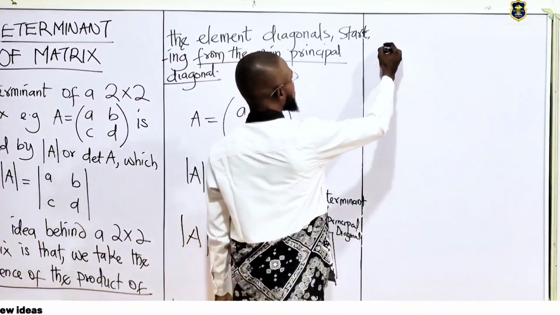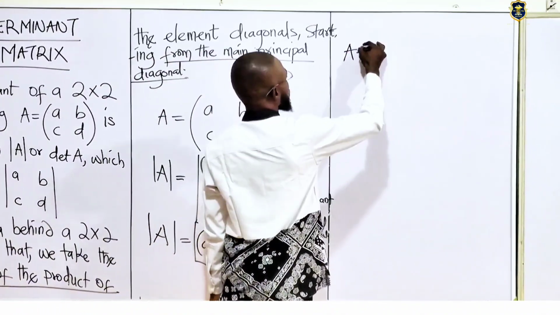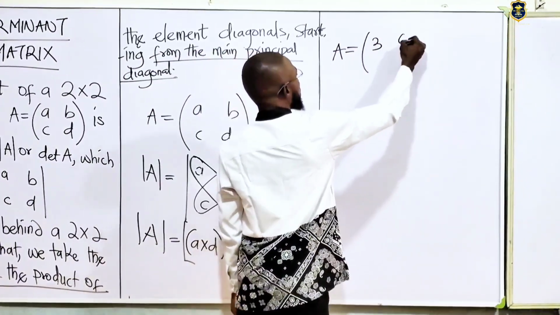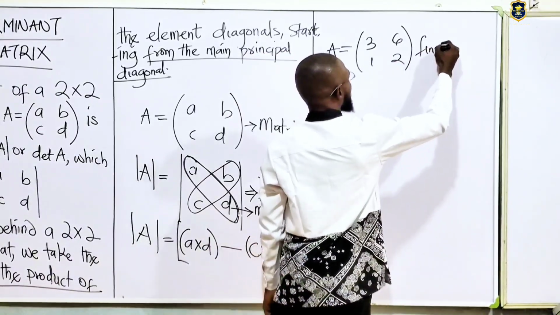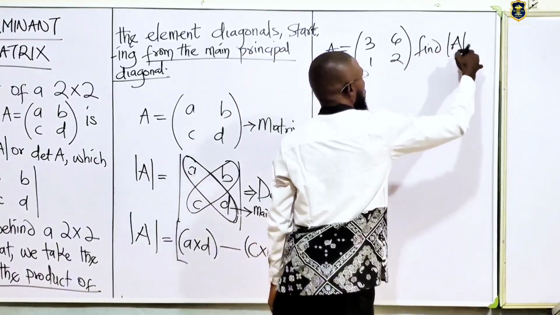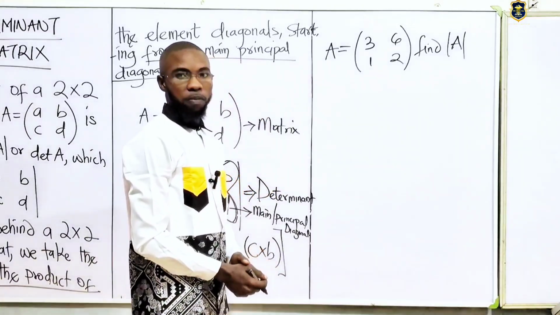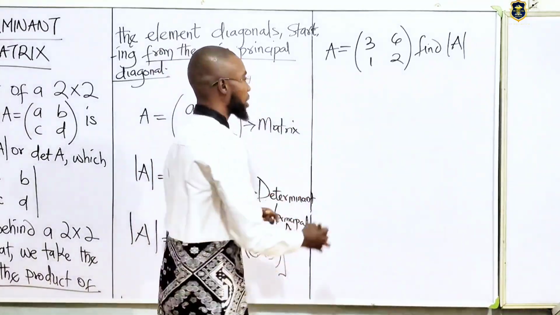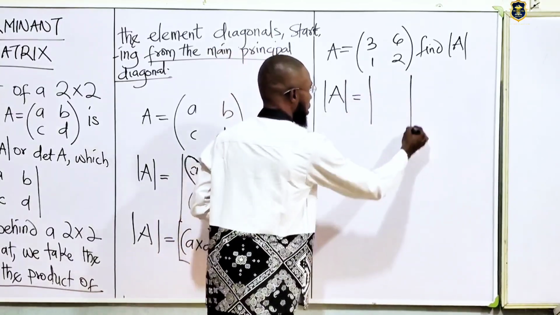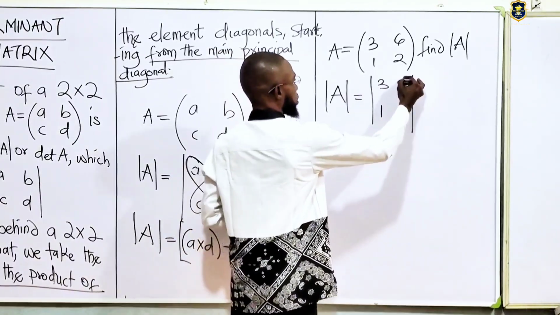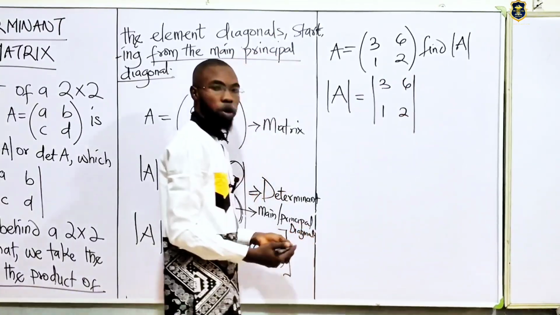For example, if matrix A is 3, 6, 1, 2, find the determinant of A. So the determinant of 3, 1, 6, 2 becomes what?